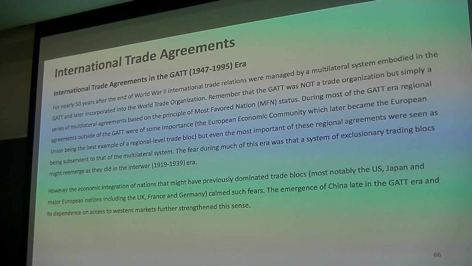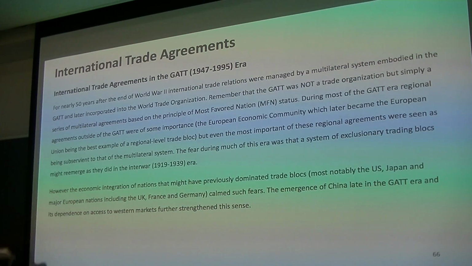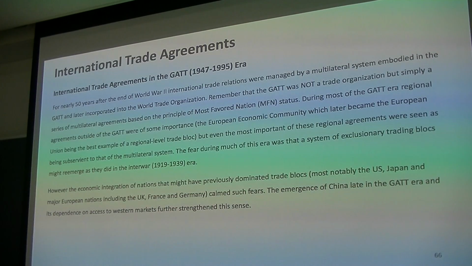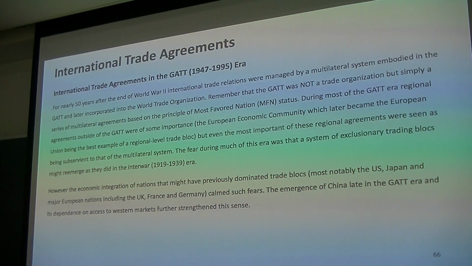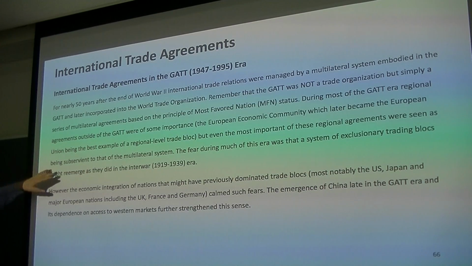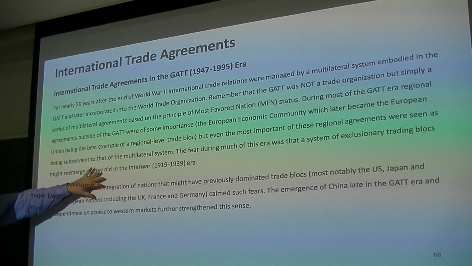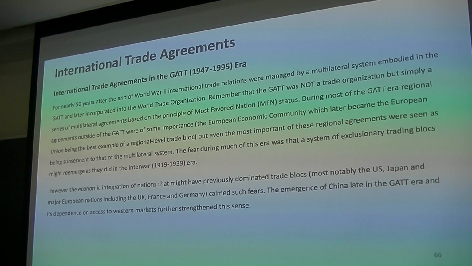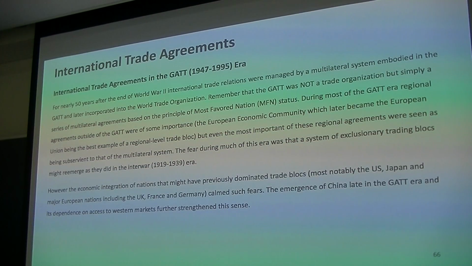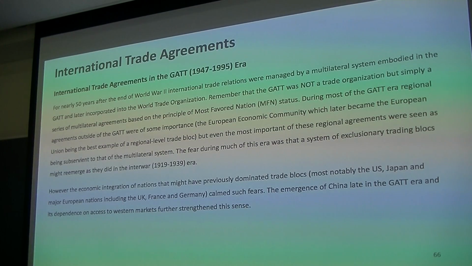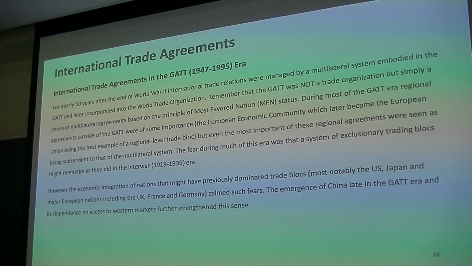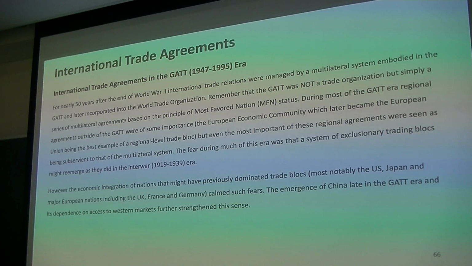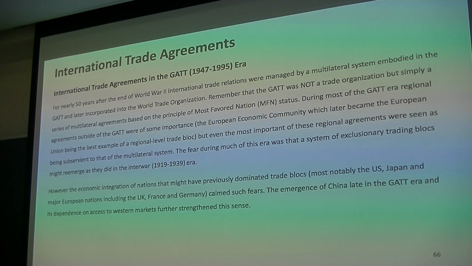Now, the thing that was driving this, the fear during this era, even when you had a European Union, was that countries were afraid of the world breaking up into trade blocs, because they'd seen what had happened in the 1914-1945 period: the wars, the lack of trade, the trade barriers. People were afraid of going back to that.